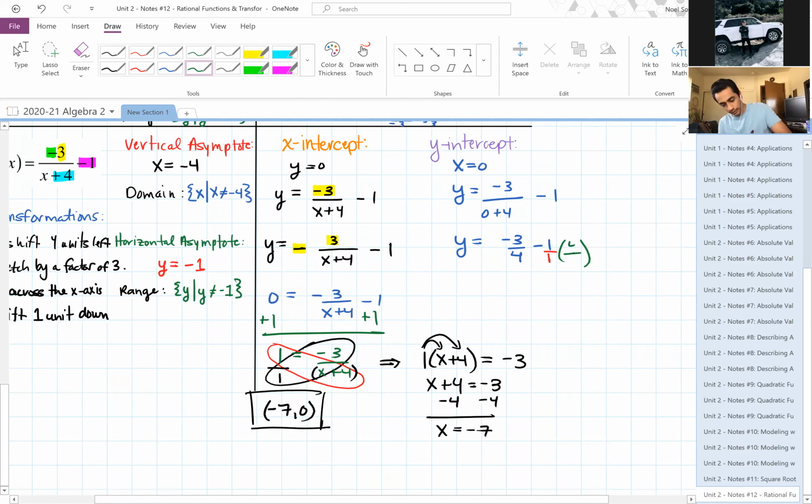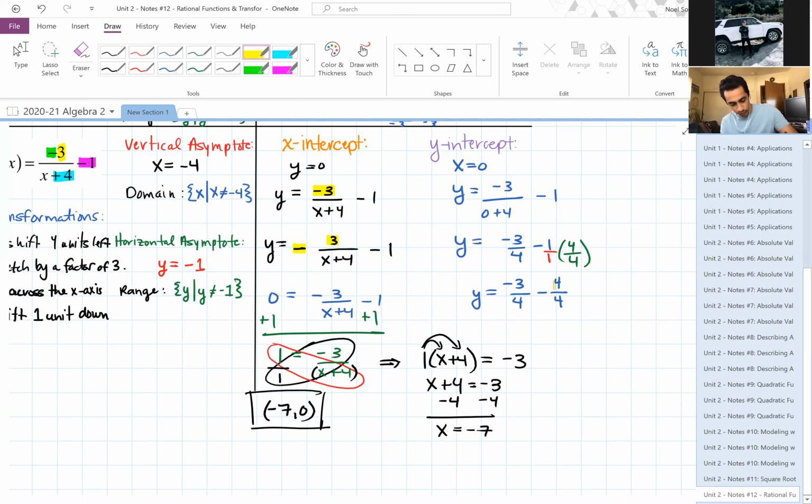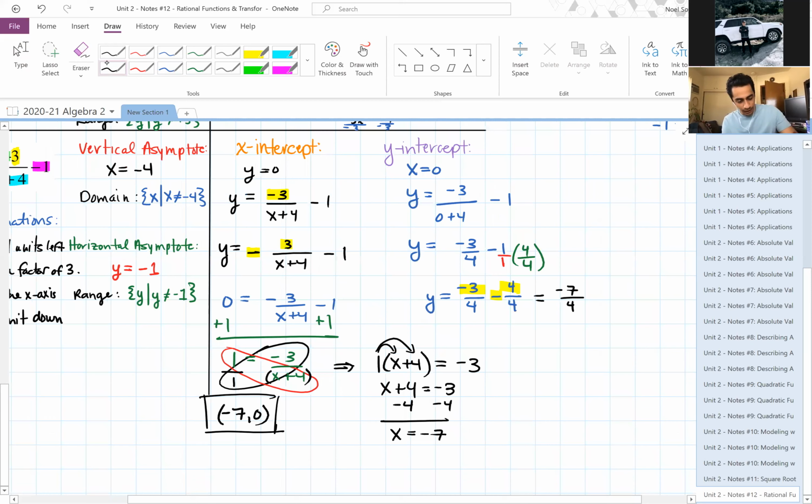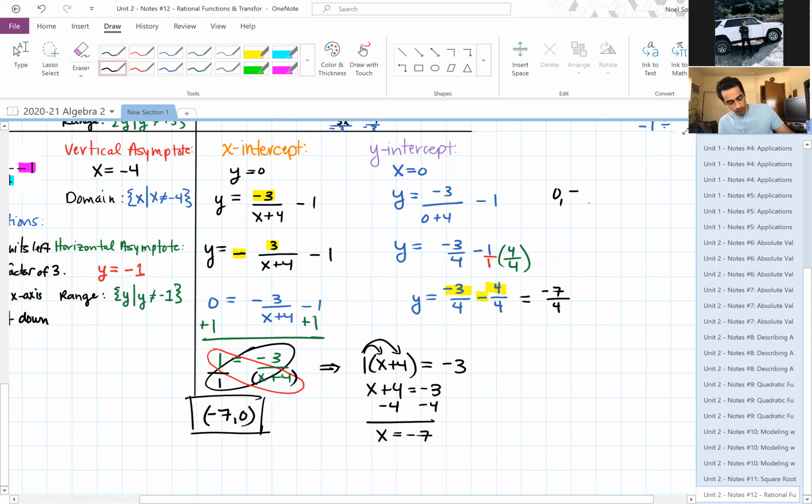In this case, multiply by 4. So we can say -3 over 4 minus 4 over 4. Then you're only allowed to subtract numerators and leave the denominator as is. This will be 4 in the denominator. -3 minus 4 is -7. So you will have a y-intercept at 0, -7 over 4.